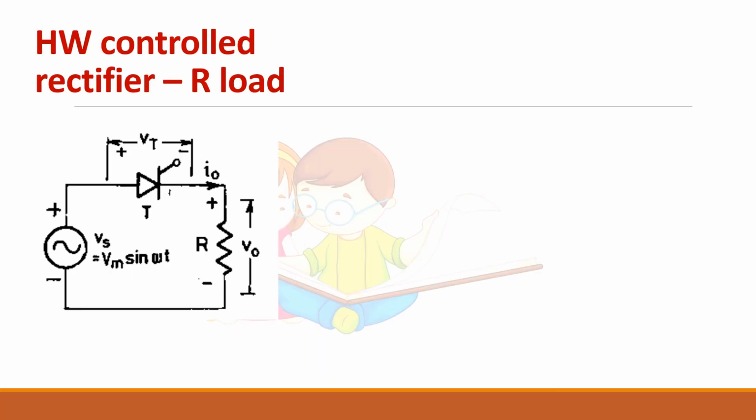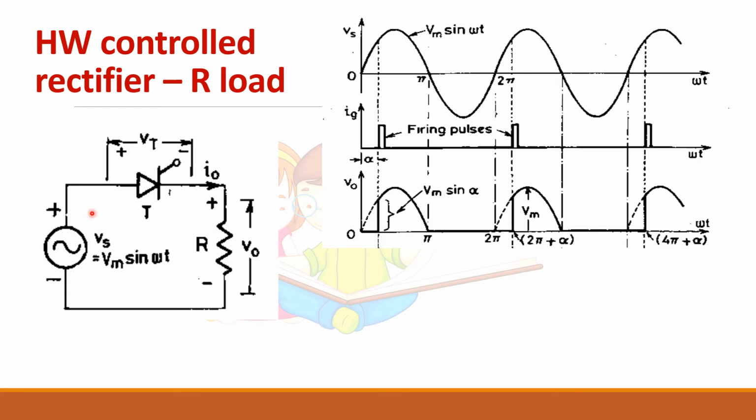Now coming to the topic, half-wave controlled rectifier with R load. So this is the supply voltage. It is a sinusoidal waveform. We are giving the gate pulse at this point alpha, that is the firing angle alpha. So during the positive half cycle, though the SCR is forward biased, it will not conduct till alpha.